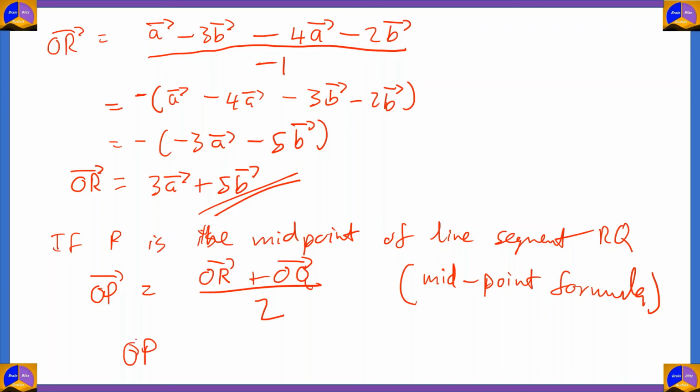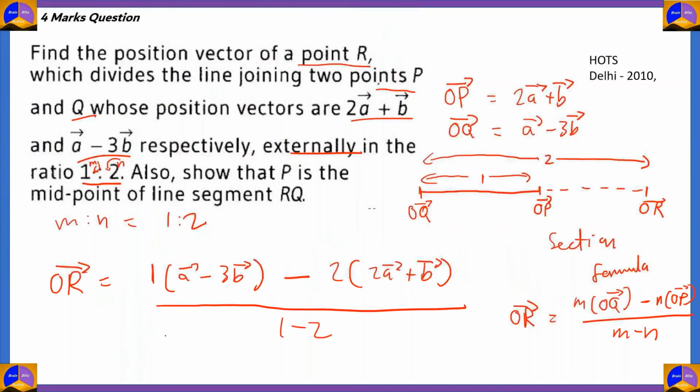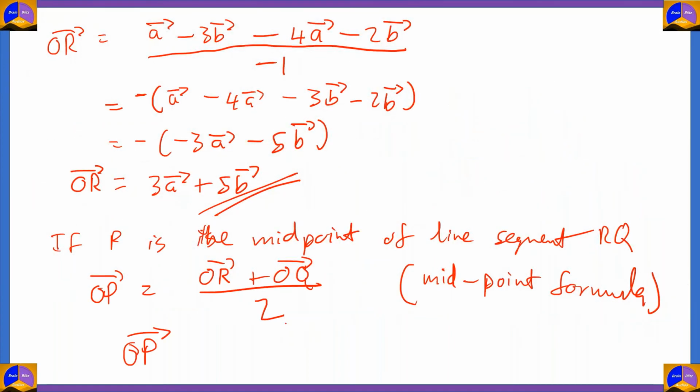So vector OP, as given in the question, has the value 2 vector A plus vector B. Now let's tackle the right-hand side: vector OR plus vector OQ divided by 2.